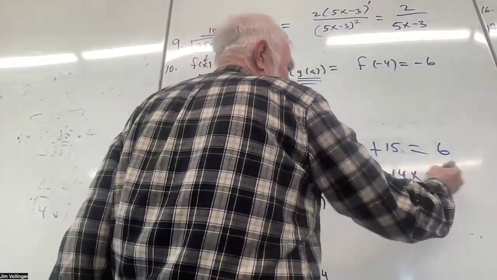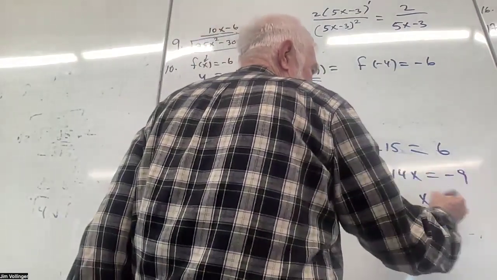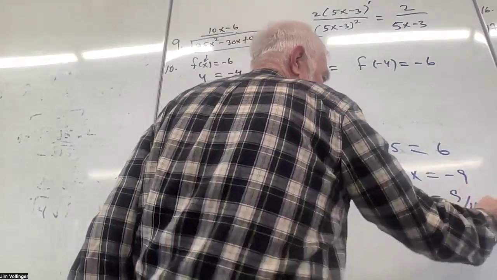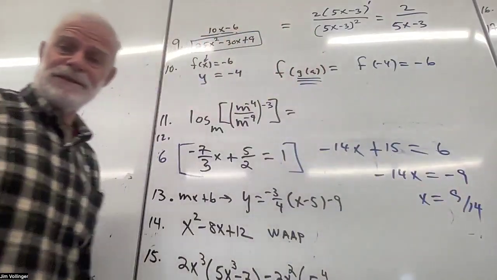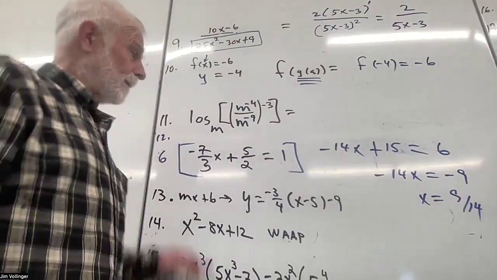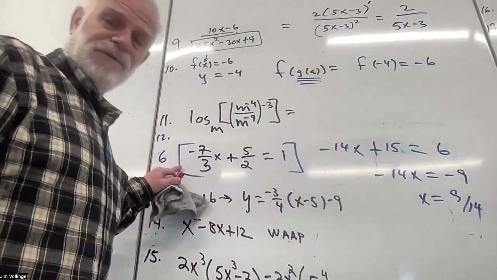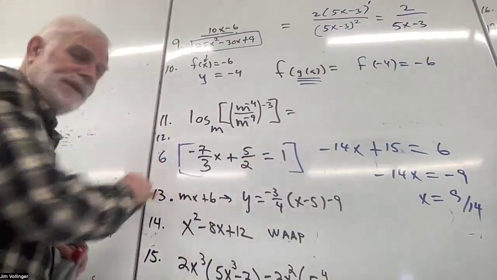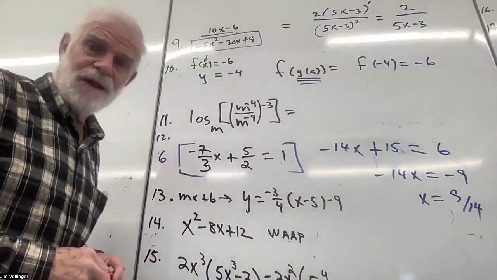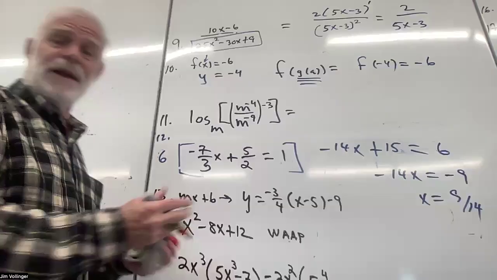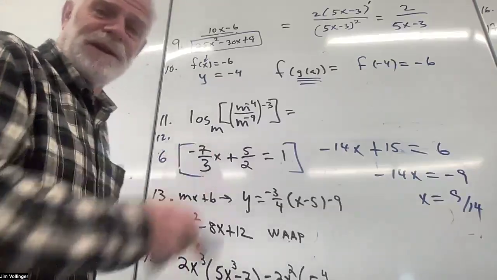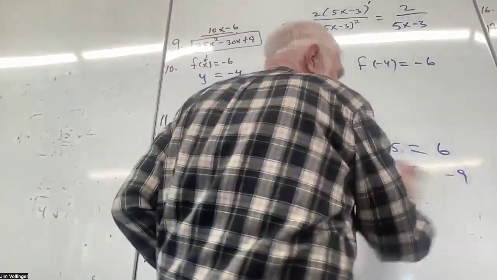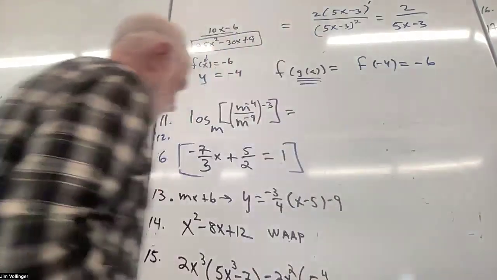So I get minus 14x equals negative 9. So x equals 9/14. And I cleaned up my carelessness. Hopefully, on your answer key tomorrow, I already made one. And a problem like this, I actually did it out. Because I know I make careless errors with that one. But I tried again anyway. I still made a careless error. All right, so that one's done.